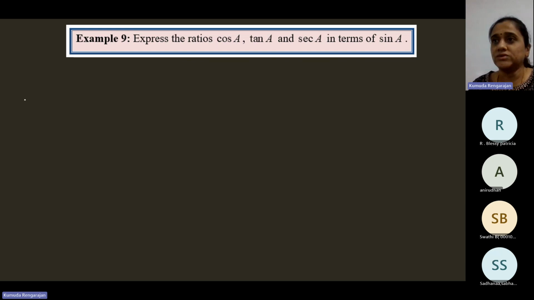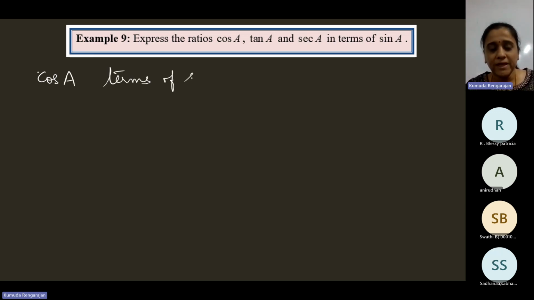Express the ratios cos A, tan A, and sec A in terms of sin A. You need to express cos A in terms of sin A, tan A in terms of sin A, sec A in terms of sin A. Now, to express cos A in terms of sin A, you need to write some relation that connects sin and cos or their reciprocals.